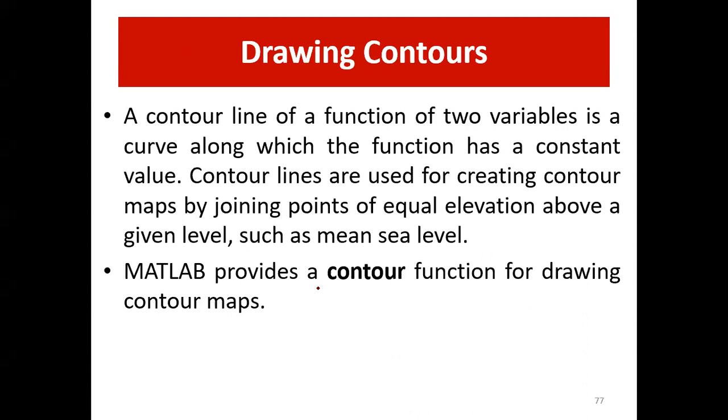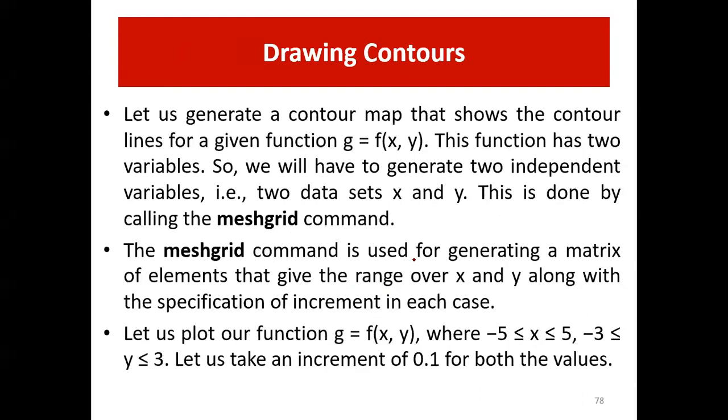We are going to use the contour function. To draw the contour, we can use the meshgrid command. It is used for generating the matrix of elements. Here we generate the function g of x comma y, where the conditions are -5 less than x less than +5, and -3 less than y less than +3.